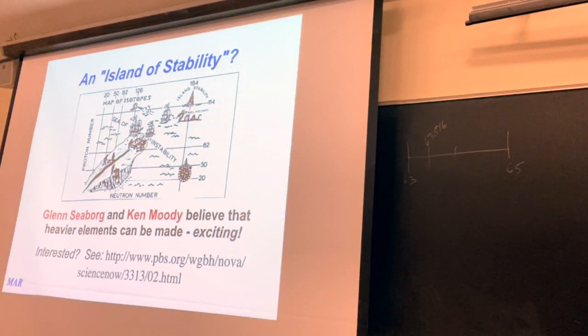And again, I am not qualified to understand why they're coming out with this kind of stuff, but they've done some research and they think that one day there's going to be some islands of stability where there's atoms with like 200 protons, all right, and they're going to be stable.